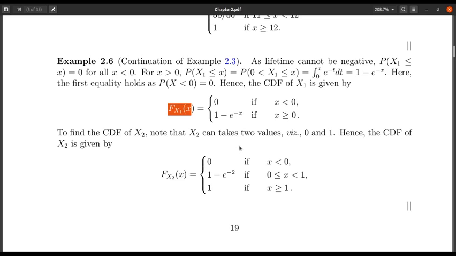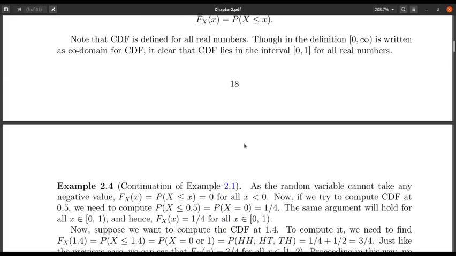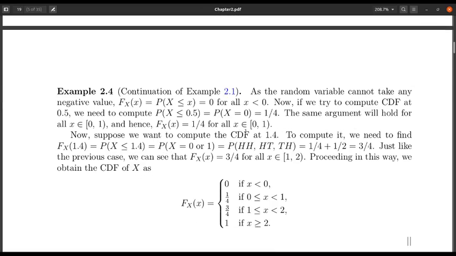Discrete random variables intuitively mean that the random variable can take some discrete values, just like example 2.1, where the random variable was the number of tails out of two tosses of a coin. Clearly in this case x can take the value 0, 1 or 2, so it takes discrete values. When it can take only discrete values, that means we have probability only at those points.